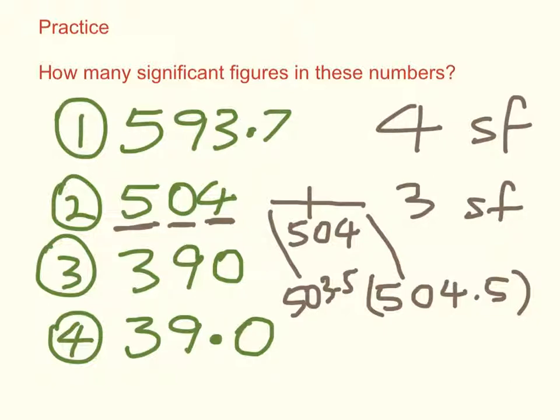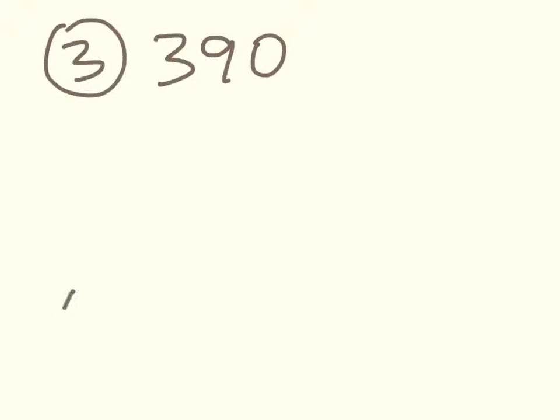Now, the next 2 are a little bit more interesting, so I'm going to insert a new slide to do number 3 and 4. So number 3 is 390, and number 4 is 39.0.